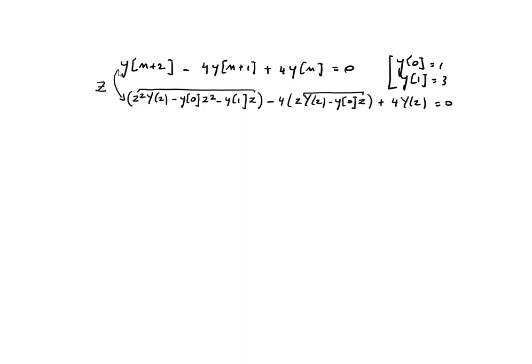Here we have done it kind of quickly, but previously in this video course we have done it in full detail. So we can rewrite this. We'll group the terms in Y(z), so we'll have z squared minus 4z plus 4, and we'll take all the initial conditions to the other side.